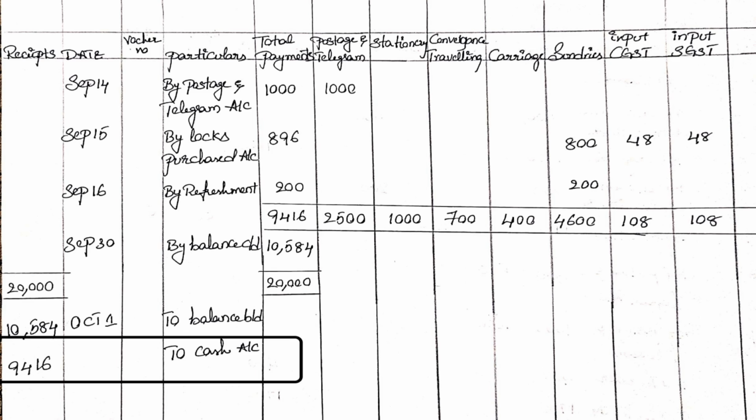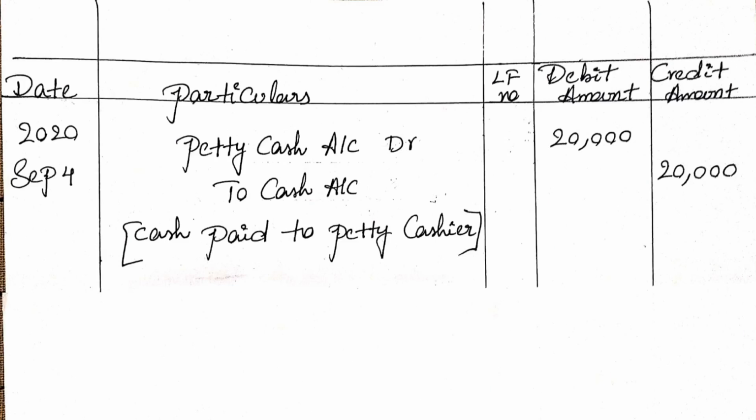This is how we prepare the petty cash book. Now we will see how to prepare journal entries for these transactions. All these journal entries are recorded by the main cashier, not the petty cashier. So we have to record the journal entries from the main cashier's point of view. Our first journal would be when the petty cashier receives money from the main cashier. That is, he has received 20,000 rupees from the main cashier on September 4th.